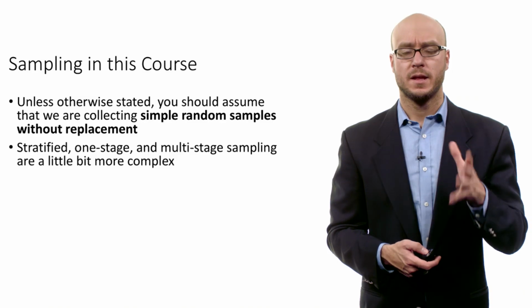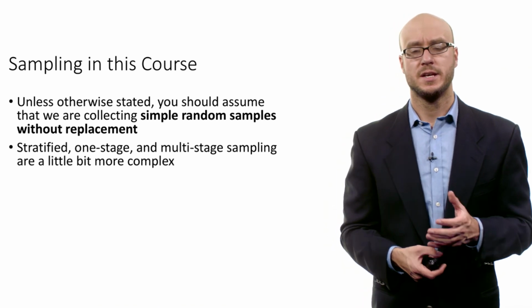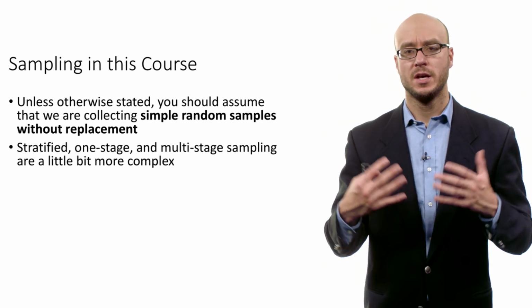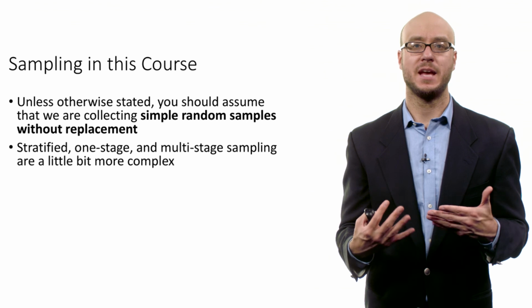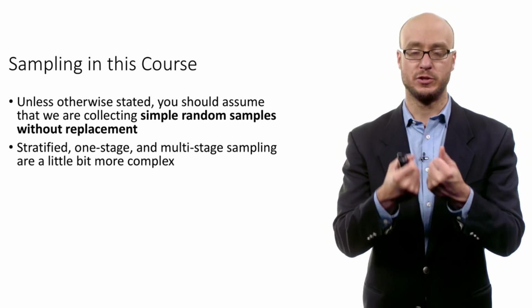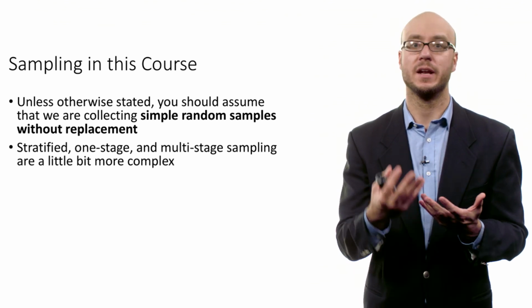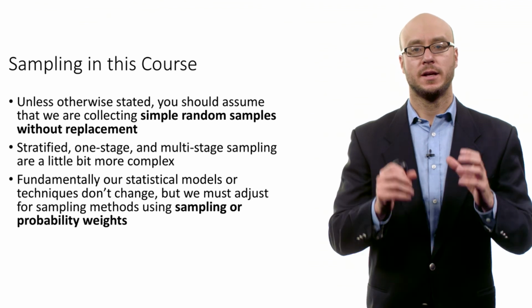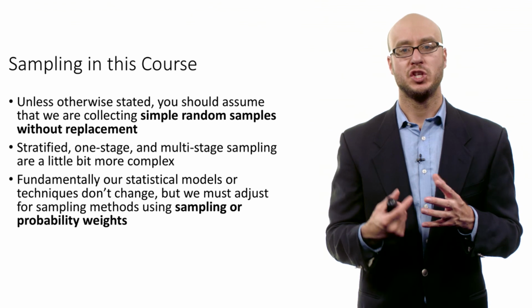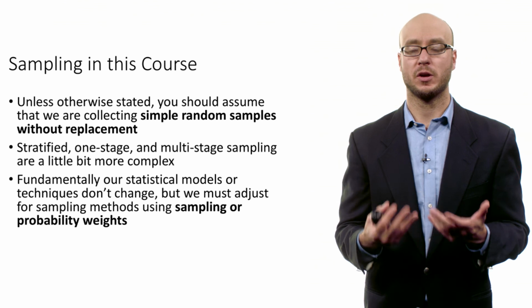All right. The idea behind simple random samples versus these other procedures is that when you have stratified, one-stage, or multi-stage sampling procedures, conceptually, the idea is the same as with simple random sampling. What you're doing is trying to use this process of randomization to gather a representative subset of the population. There's this complexity with these other techniques that you have to adjust your results with what we call sampling or probability weights.